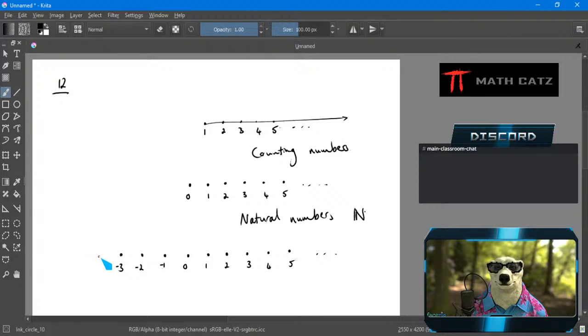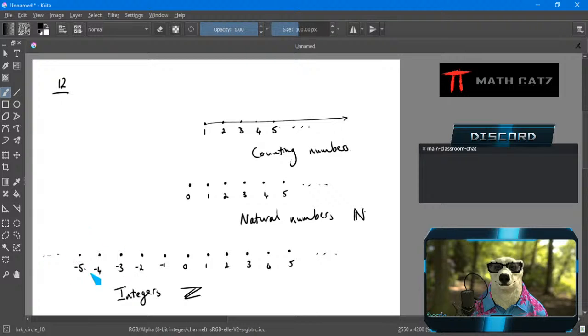They could have represented them with any kind of symbols, but they represented them in a way that sort of mirrors the natural numbers. And this collection of numbers is called the integers. And sometimes a symbol is used to represent that, but we don't need to really care about that.